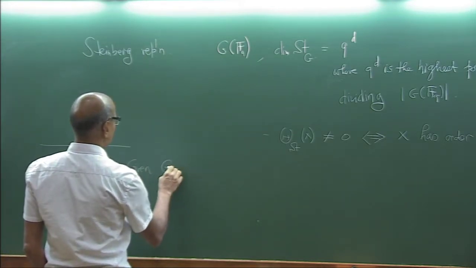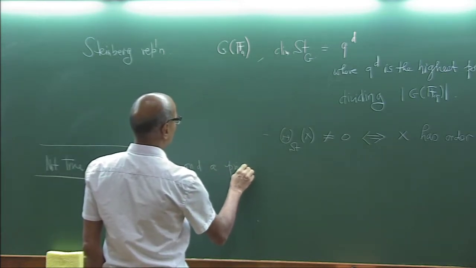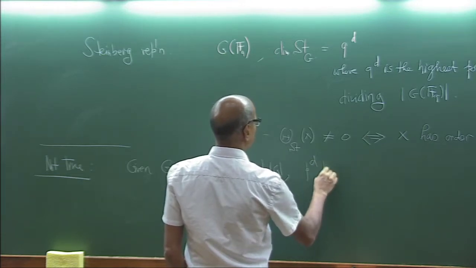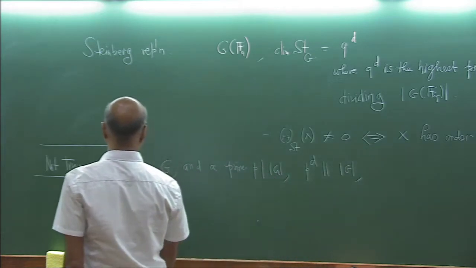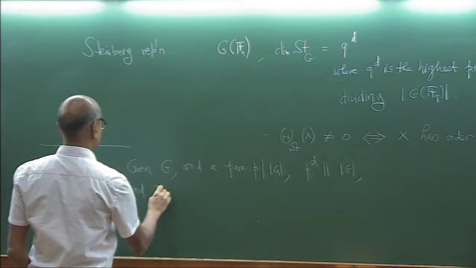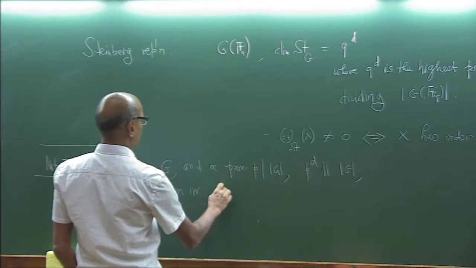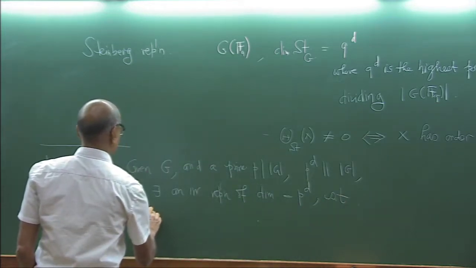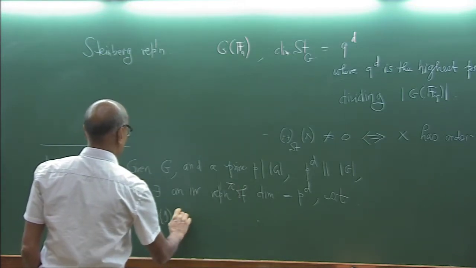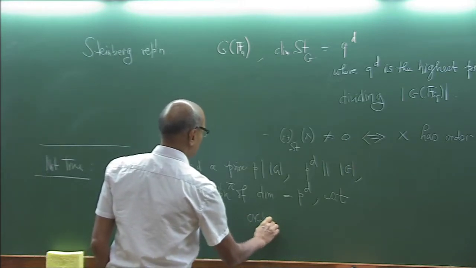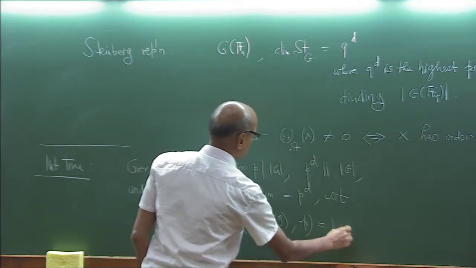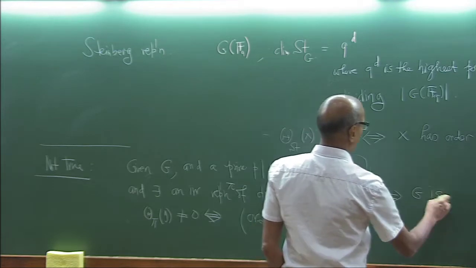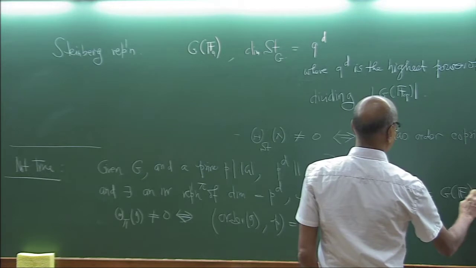Given G and a prime p dividing the order of G, and with p to the power d the maximum power which divides the order of G, does there exist an irreducible representation phi of dimension p to the power d such that the character of phi is non-zero if and only if the order is coprime to p? The question is whether that holds if and only if G is a group of Lie type.